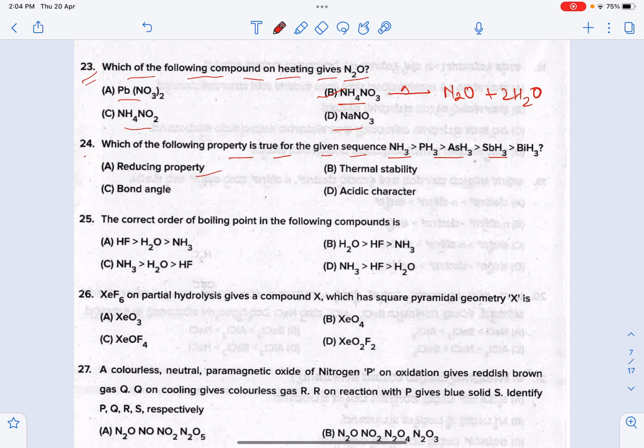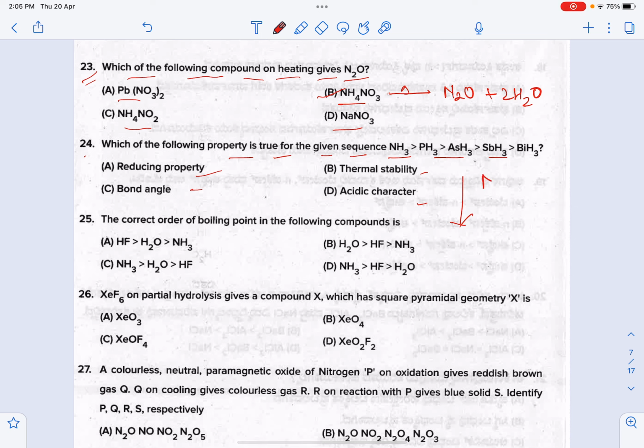As you know, when we go from top to bottom in the periodic table, the reducing property from nitrogen to bismuth will be a decreasing sequence.